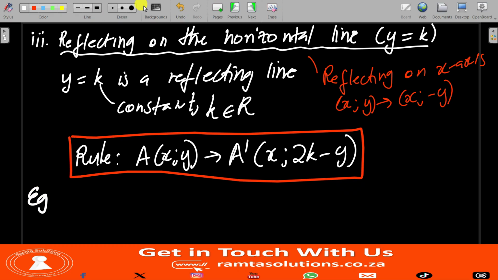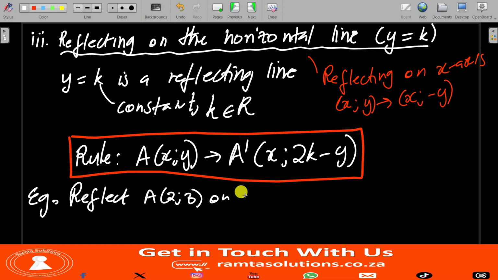Example: reflect A, with point 2, 3, on the line y equals 1.